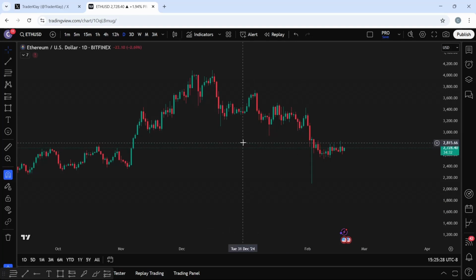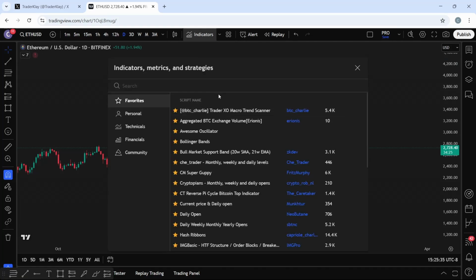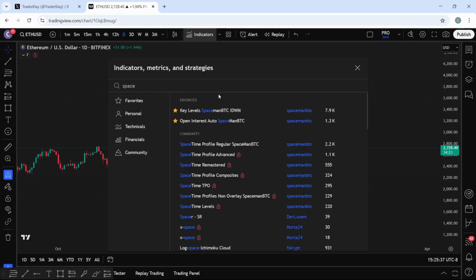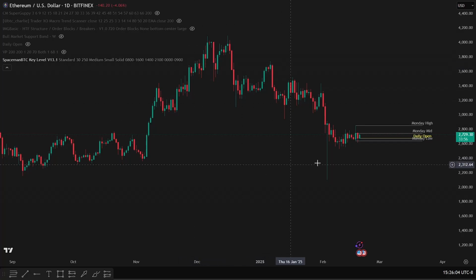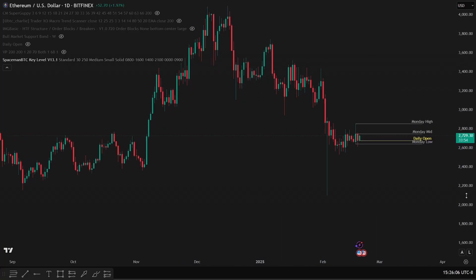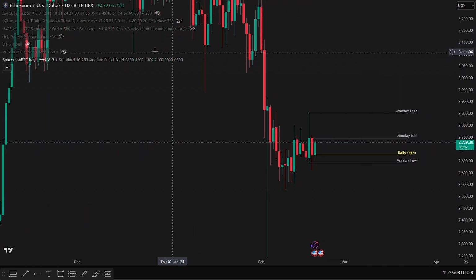So just to get started here, if you have Tradingview up, go to Indicators, type in Spaceman, and you'll get key levels Spaceman BTC IDWM. Click on that so you can open it up, and boom, it puts on Monday's range down here, right?